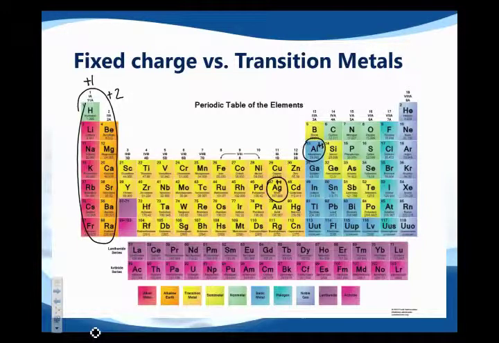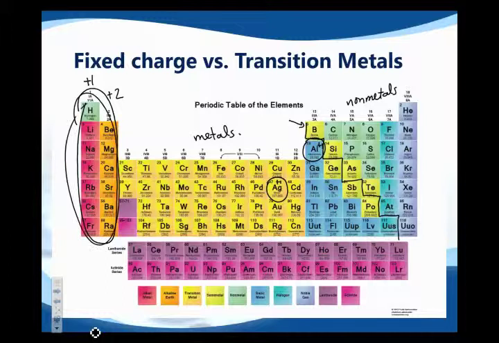Now, our metals run pretty much over here. I have nonmetals on this side of this line. That's the separator. And on this side I have metals. So here are my fixed charge metals over here. These, which are the rest of the metals, are transition metals.